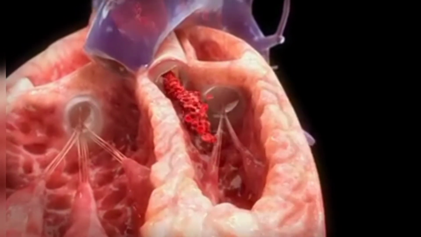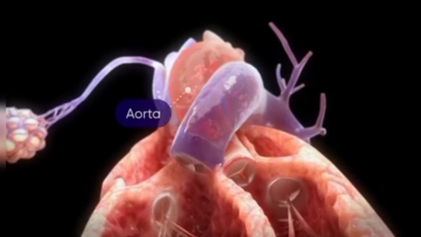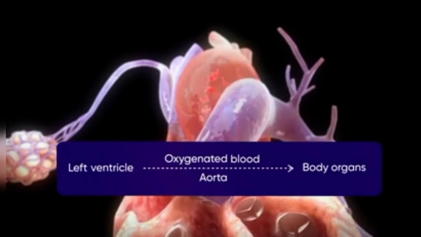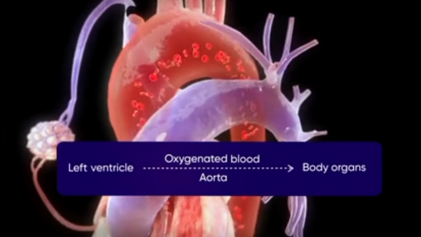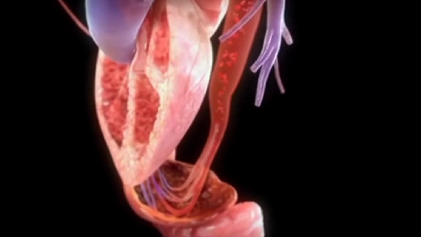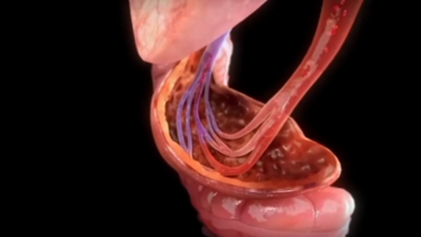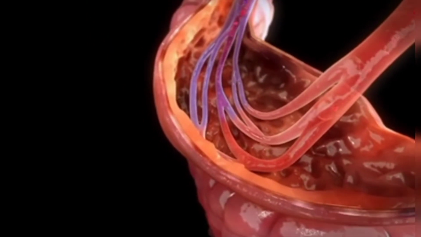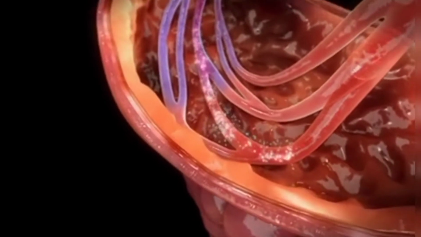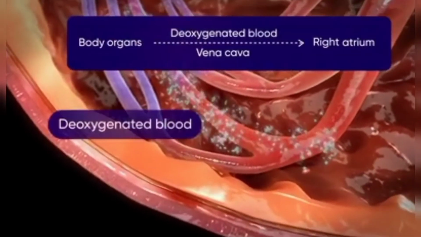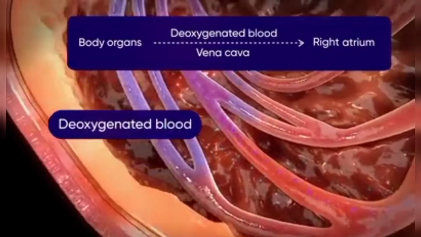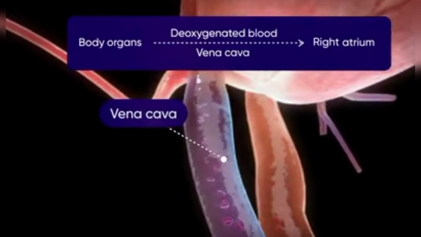The left ventricle has an ascending aorta, which supplies oxygenated blood to all parts of the body. Once this blood reaches the body, it gives up oxygen and picks up carbon dioxide. The deoxygenated blood then returns to the right atrium through the vena cava.